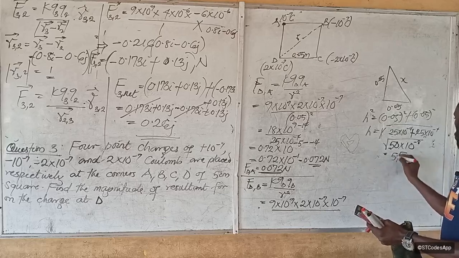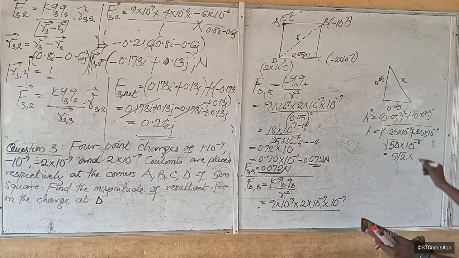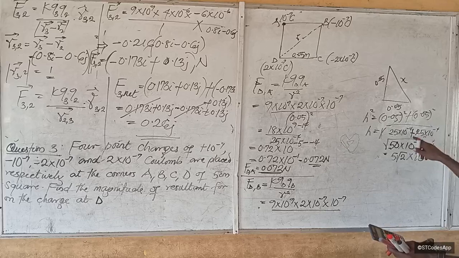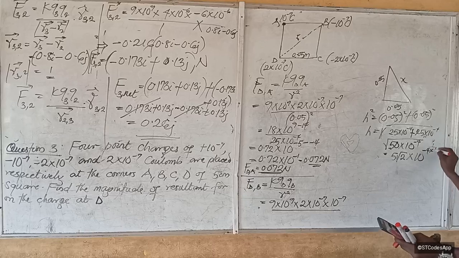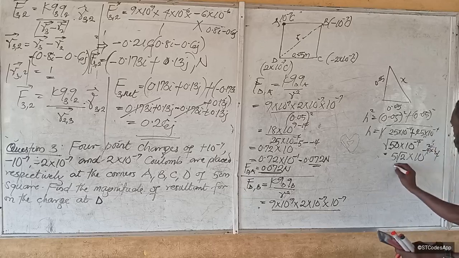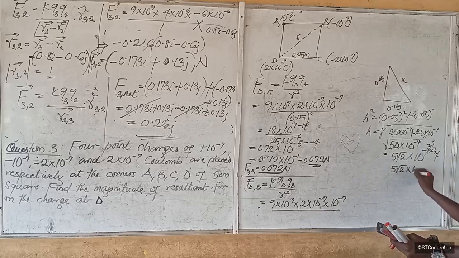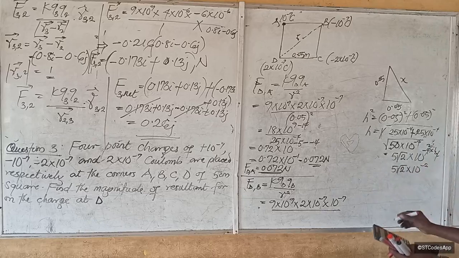So 5 root 2 times 10 raised to the power. It's addition of powers, not multiplication, so the square root of 10 to the minus 4 will be 10 to the minus 2. So 5 root 2 times 10 raised to the power minus 2.